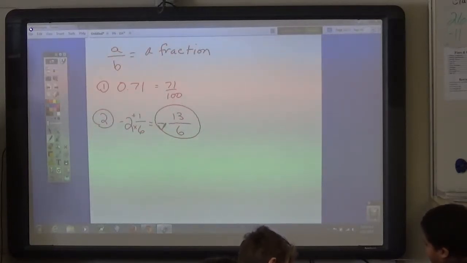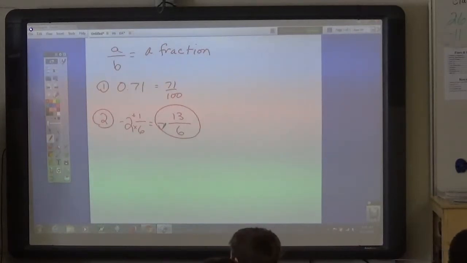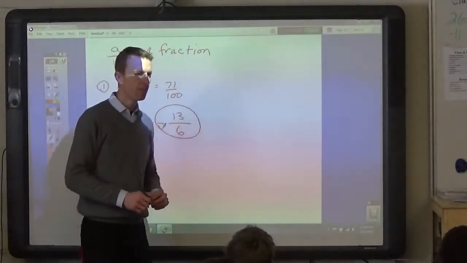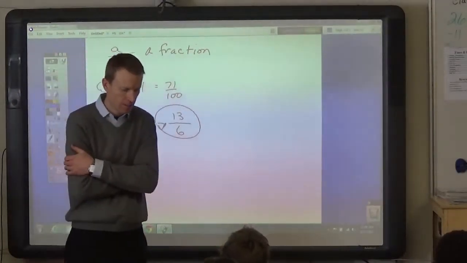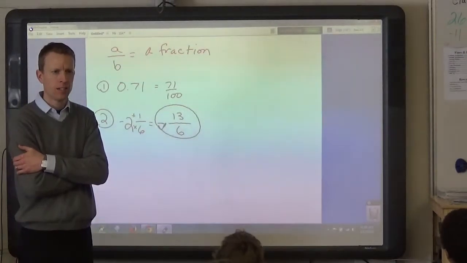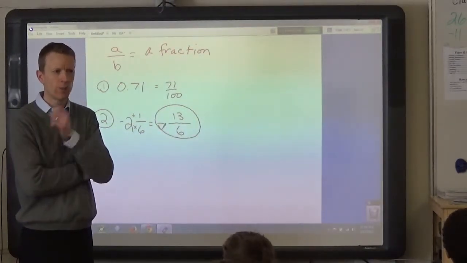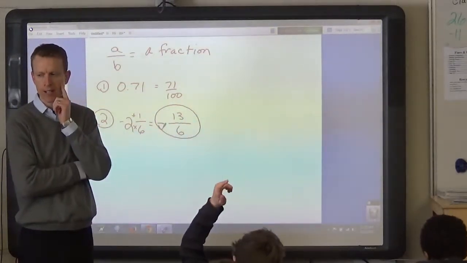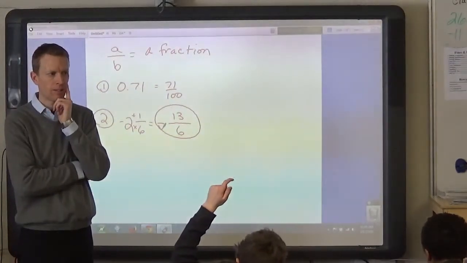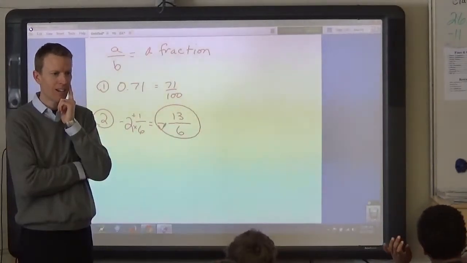Now, look at the next section. It says use the number line to find a rational number between the two given numbers. Between -1.5 and -1. What's a number between -1/2 and -1? Use the number line. Point to the number line, everyone.